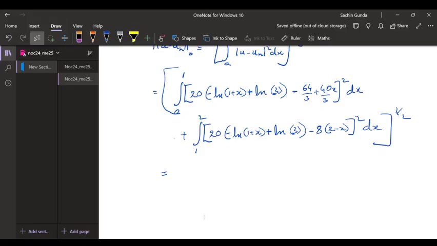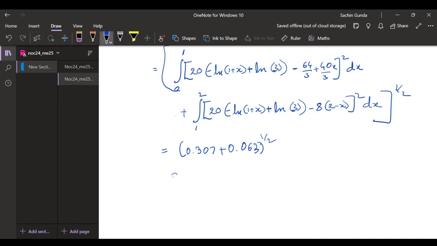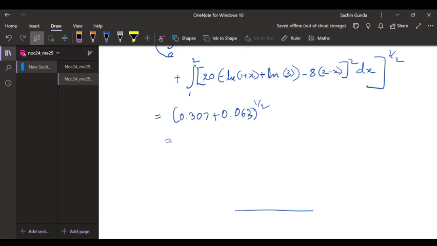So the first expression is 0.307, and the second expression is 0.029063, and it's under root, and the value is, let's use 1.307 plus 0.063, it's 0.37 under root, is 0.608. This is your L2 error.